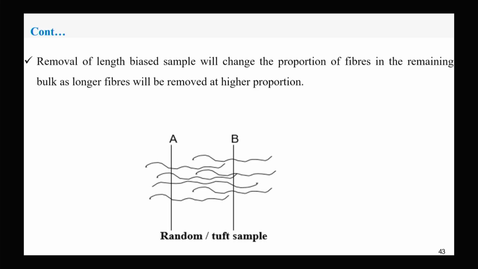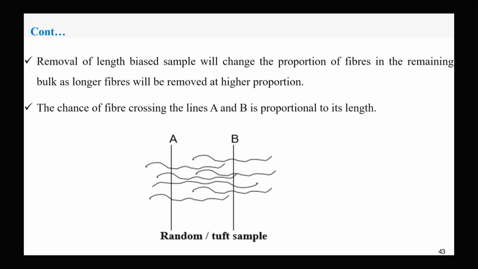Like here, I am picking this point, like A. A is a line. Whatever fibers are crossing in this line will be picked, and here the selection point is that the longer fibers are selected preferentially. That's why it's called the length bias sample.